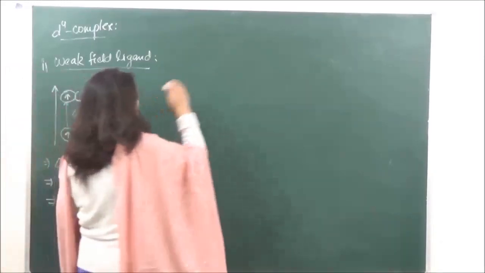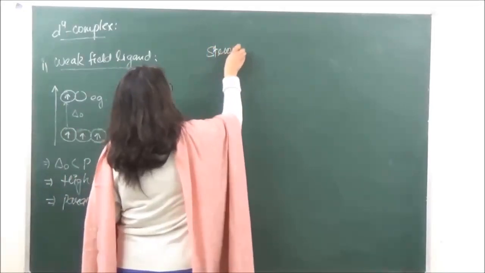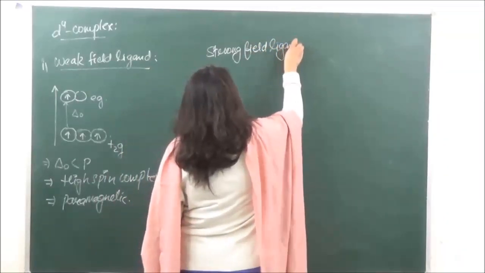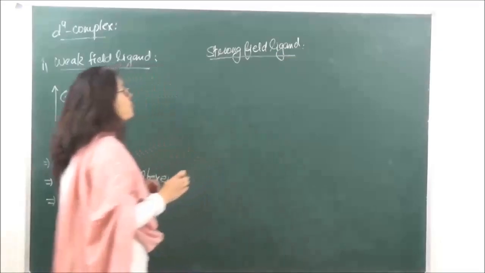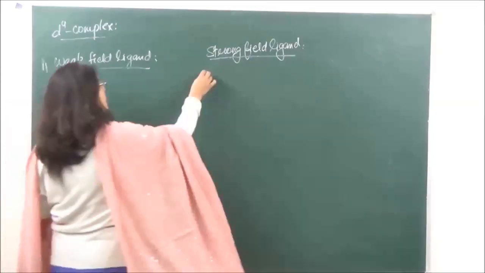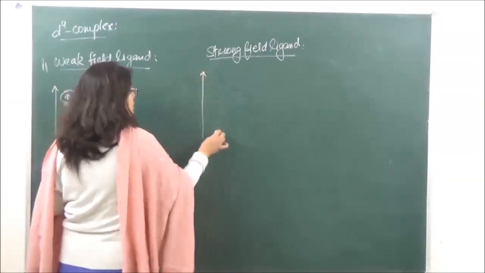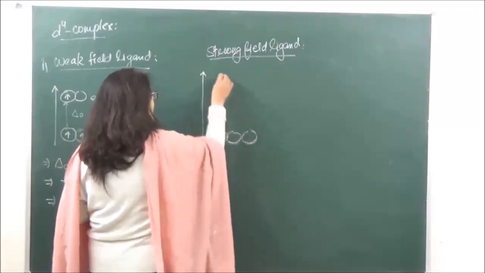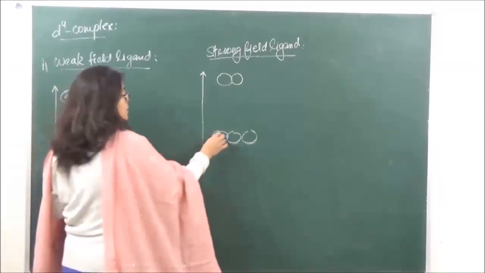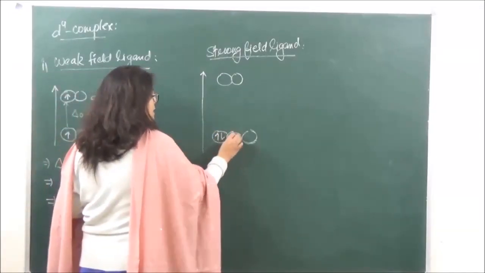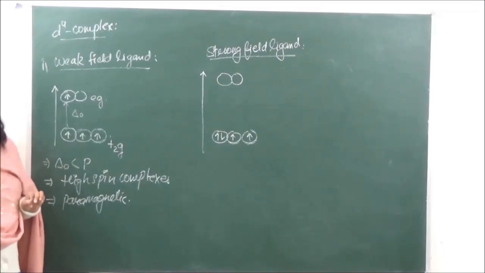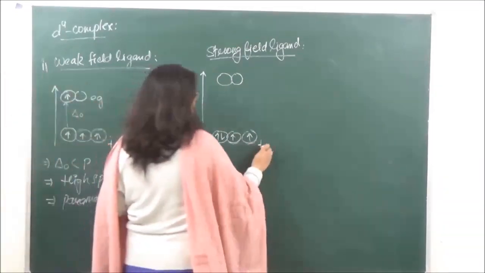Now just see a comparison with the strong field ligand over here. When we're looking at the comparison, in case of strong field ligand, you see that the crystal field splitting is going to be more than that in the weak field ligands. So as a result, the filling up of orbitals takes place against Hund's rule of maximum multiplicity, where pairing is going to take place at the t2g level only.